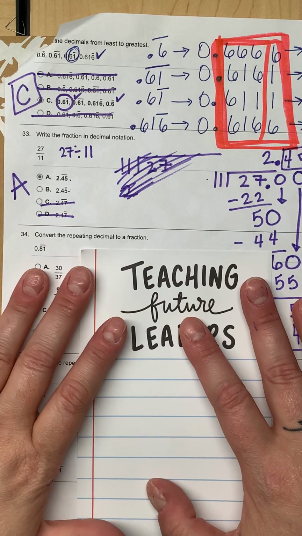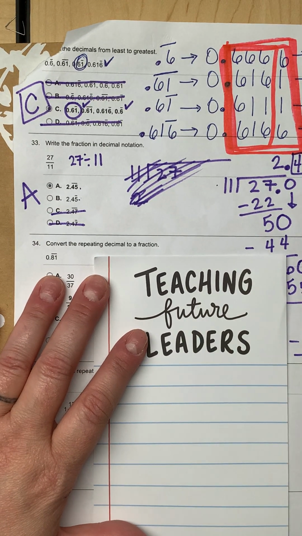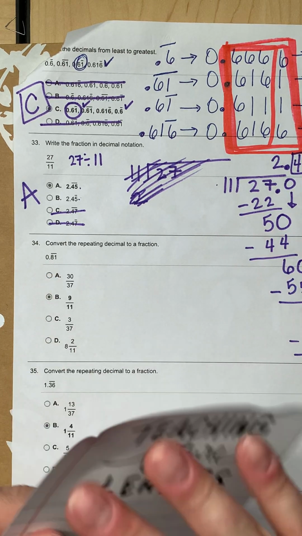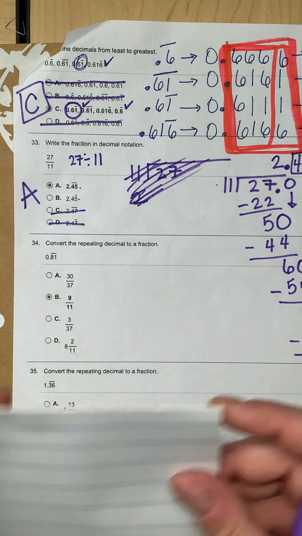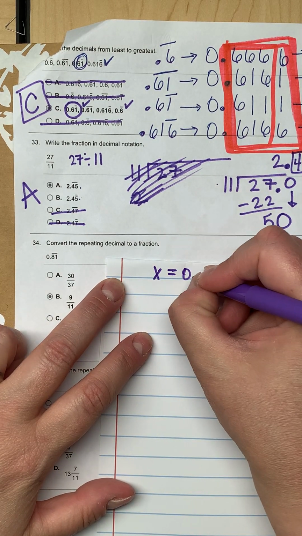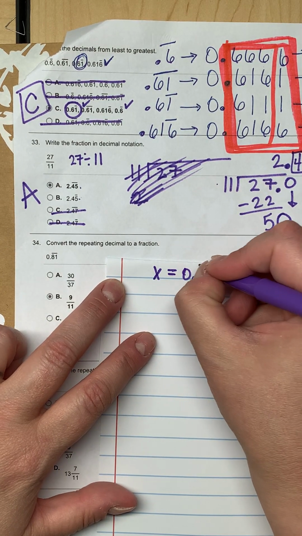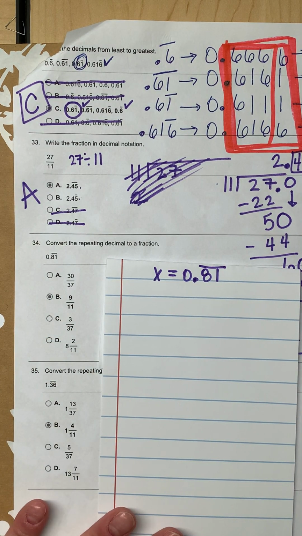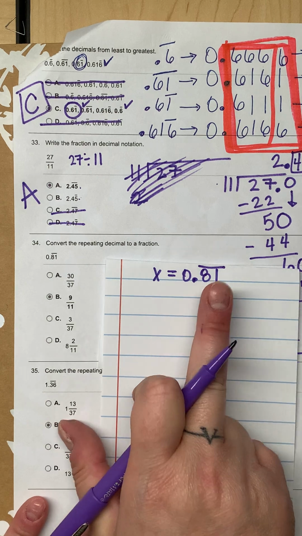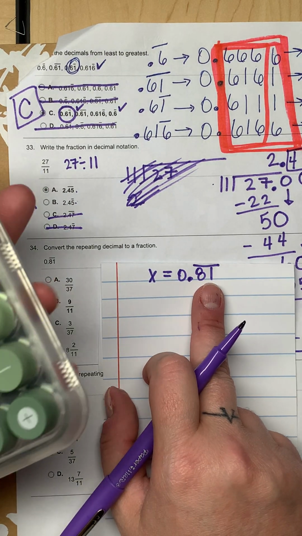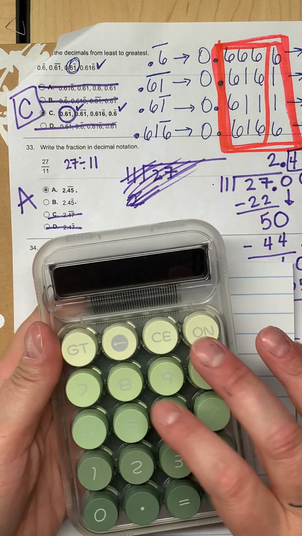So the first thing we're going to do is call this number the letter X. We're going to say X equals 0.81 repeating. This is not 81 over 100. If you're thinking that's what the fraction is, it's not.